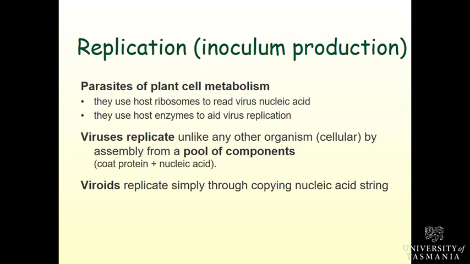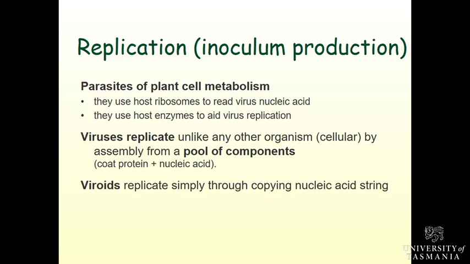So it gets in. Once it gets in, it needs to replicate. So they use the host protein synthesis machinery, the host ribosomes, to read the nucleic acid. A virus gets in there, strips off its protein coat, releases its nucleic acid, which gets grabbed by the ribosomes, gets read, and they start producing virus proteins.